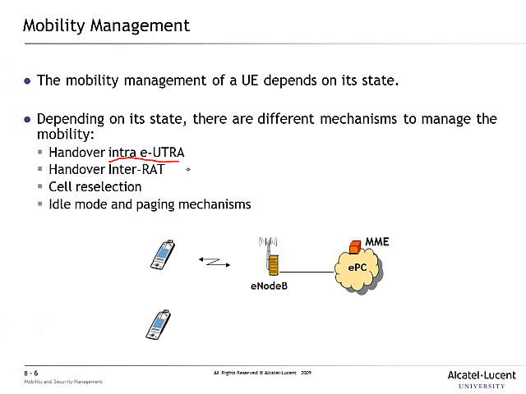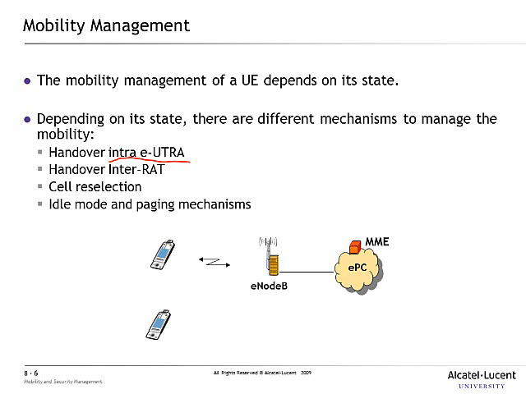Intra means within the LTE network, and we also have the possibility that a handover has to take place between an LTE network and another network, maybe a UMTS network or a GSM network, and that is referred to as an inter-RAT handover. RAT stands for radio access technology, so you're moving from one radio access technology to another radio access technology.